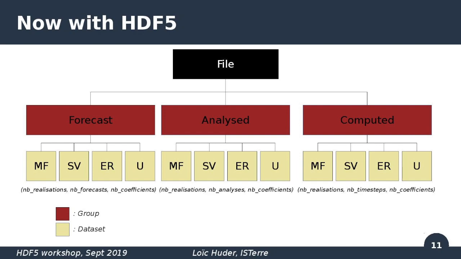For each group, we then have the quantities, which are the datasets that are directly NumPy arrays, because in H5 you have a one-to-one correspondence between the datasets and the NumPy arrays. So now we have a single, really structured file, and we can access all the datasets and quantities efficiently and in an ordered manner.